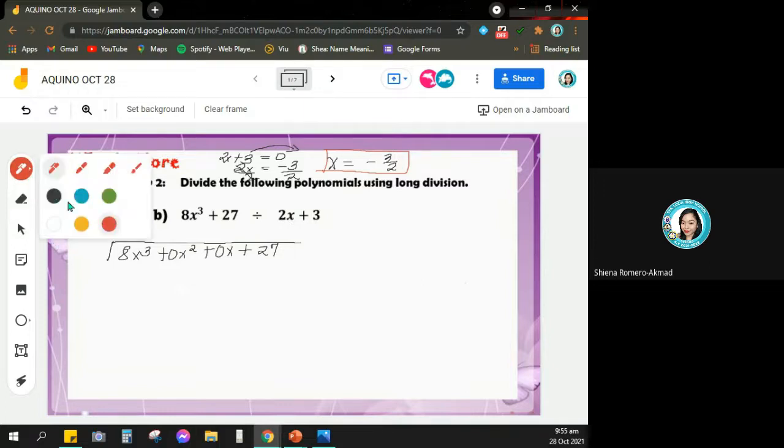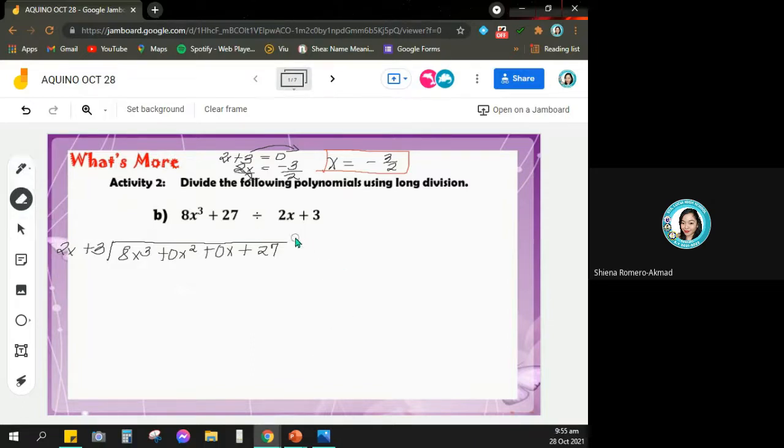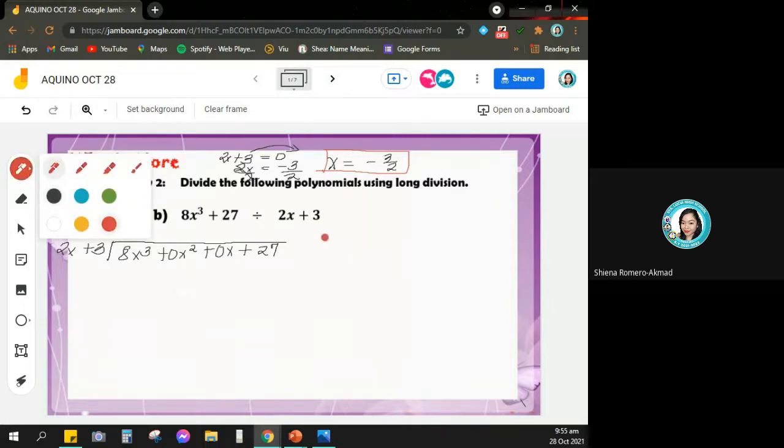So we have 2x plus 3. Let me use this other side para gawing scratch. Pwede rin naman mamaya buburahin ko na lang siya para dun sa synthetic. Okay? So we have, mag-red na lang tayo, 8x cubed divided by 2x. So 8 divided by 2 is 4. Then yung variable x natin, mababawasan ng exponent.